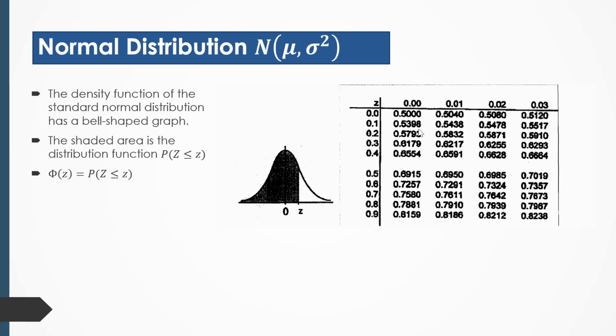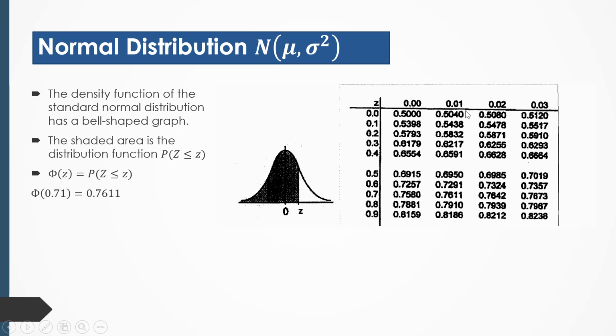So basically, for example, if you want to find the area to the left of Z, you're going to use this table. For example, if I use Z as 0.71, the way you read the table is you look for 0.7 at the vertical line and you look for 0.01 at the horizontal line, because 0.7 plus 0.01 is 0.71.